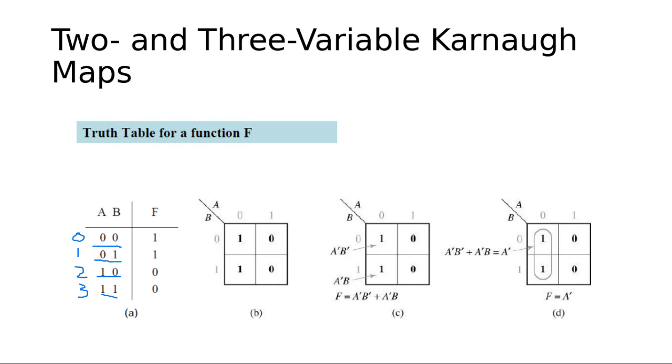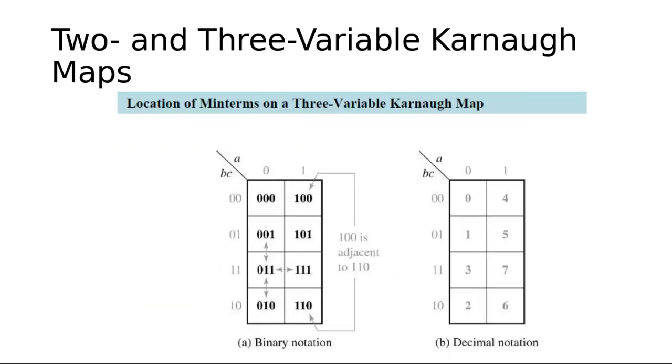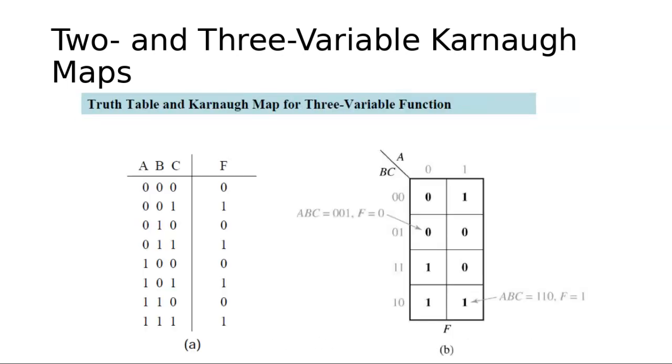This is 2 to the power of 0. This is 2 to the power of 1. And with addition, the result is 0. When we count the numbers, we count like 0, 1, 2, 3. But in the Karnaugh map, when we calculate, it is 0, 1, 3, and 2.